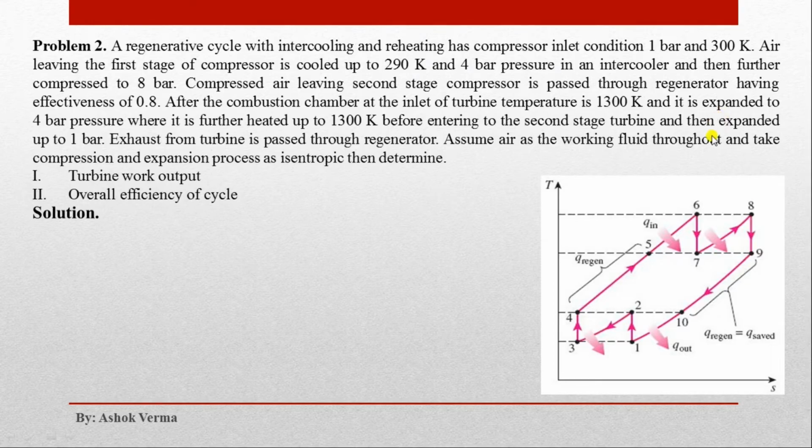So you have to first note down all the data which are given, that is P1, T1, T3, P2, the effectiveness of the heat exchanger, that is 0.8, and T6 equal to T8, which means this is perfect reheating. Perfect reheating means T8 is equal to T6.